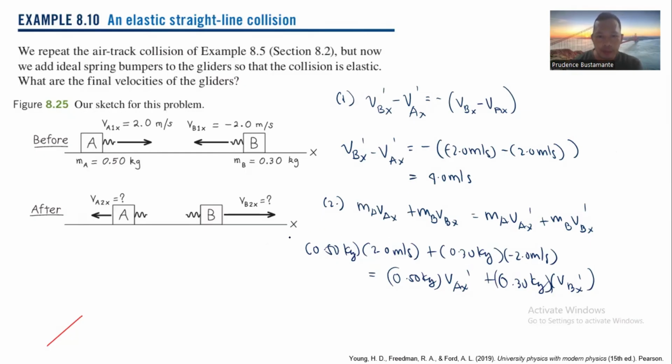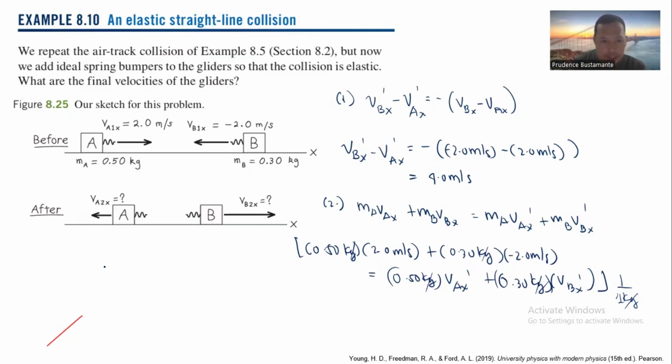Okay, what's next? We multiply both sides by 1 over kilograms, so we can cancel the kilograms in all the equations. On the left-hand side, if you calculate 0.5 times 2 plus 0.3 times negative 2, it is equal to 0.4.